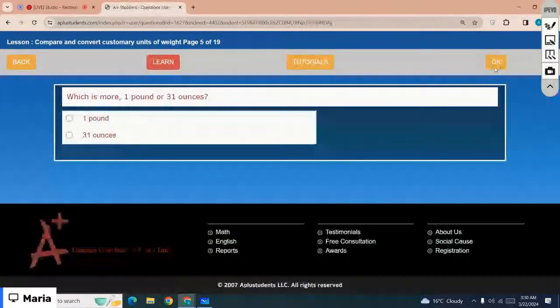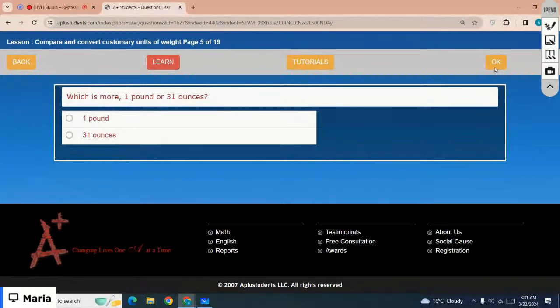Which is more, 1 pound or 31 ounces? Which is more? 1 pound is more?